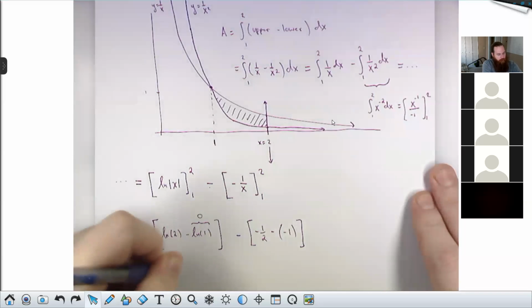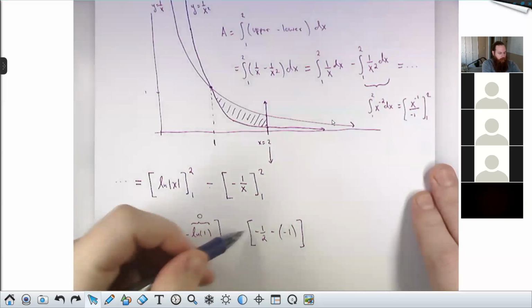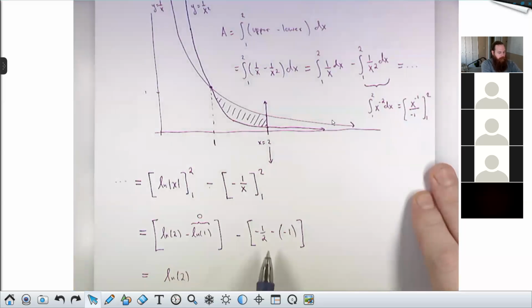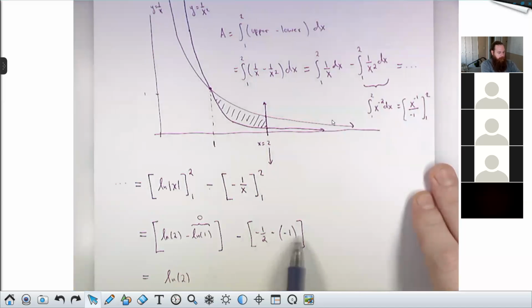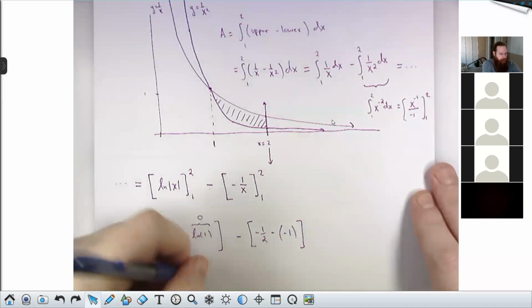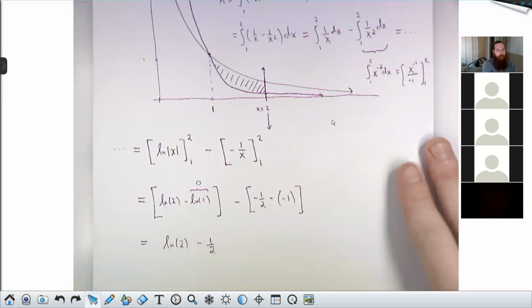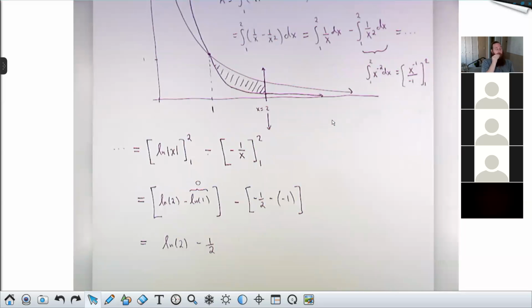So this is ln 2, and then here I'll distribute my negatives. This is negative 1/2 plus 1, which is positive 1/2 overall, and then the minus here makes everything negative again. So you get ln 2 minus 1/2, which is a pretty small number. ln 2 is like 0.6, so this is like 0.1.